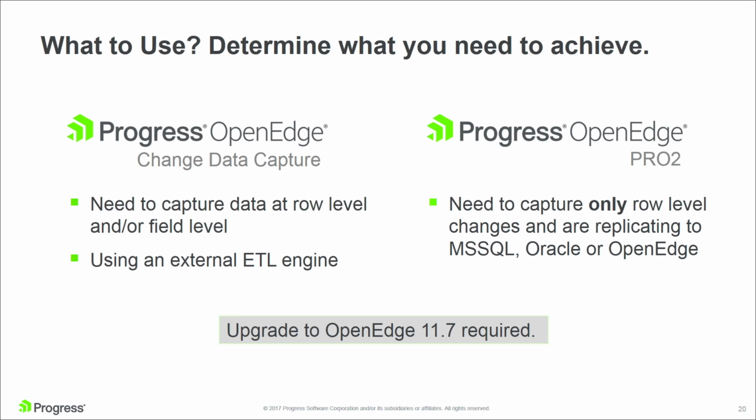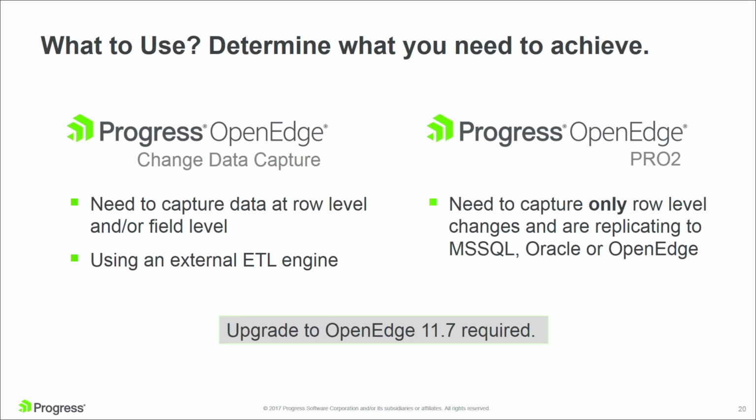Pro2 historically has used those replication triggers that I've talked about, but Pro2 version 5.1 in OpenEdge 11.7 also gives you the potential to use Change Data Capture, or CDC, as the capture mechanism, only for Pro2. One of the things with Pro2 is it only captures row-level changes. So if you need to understand and capture data that's changing at the field level, you want to capture specific fields, then Pro2 cannot do that for you.